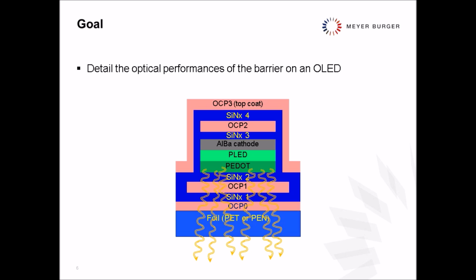We are assuming here that we have an aluminum barium cathode, so of course this will obscure any emission towards the top. So the light will go towards the bottom. It will leave the OLED structure, in this case a simple PLED on top of PEDOT, and it will go through the bottom barrier.